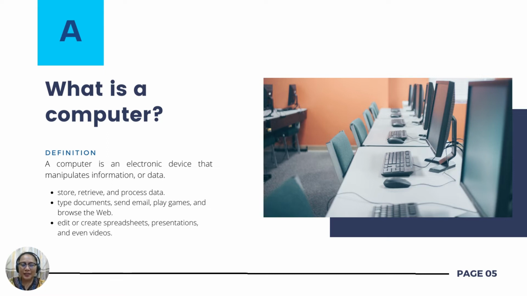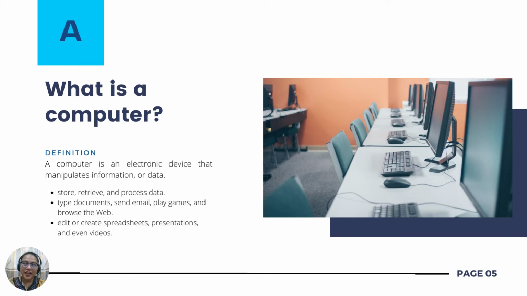Okay? Another term here that I want to highlight is that a computer manipulates information or data. Paano natin nasasabi yon? Or bakit ganun yung definition niya? When we say manipulate, computers can turn data into information. Okay? We all know that our computer, o siguro kung hindi man natin alam ngayon, malalaman natin that our computer only understands two codes or a language.